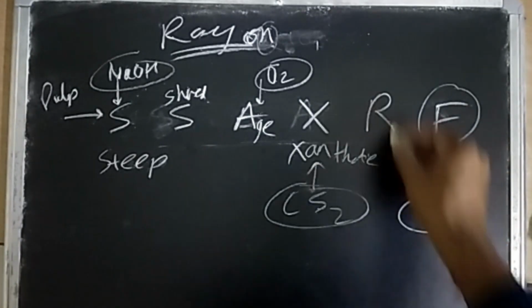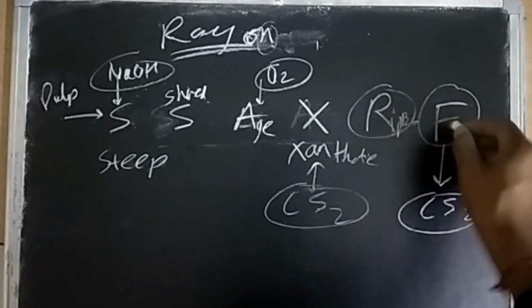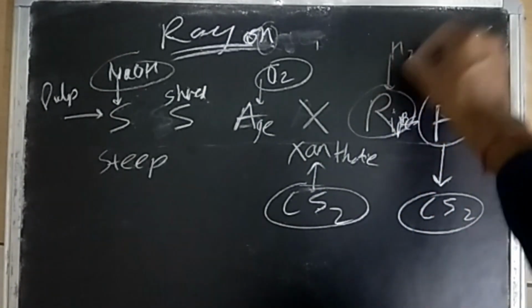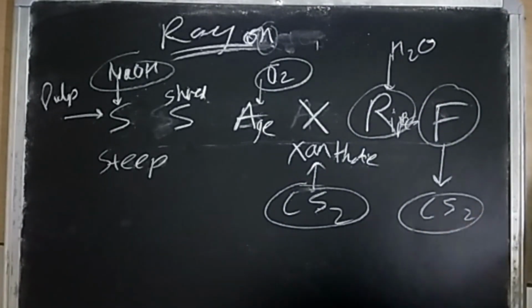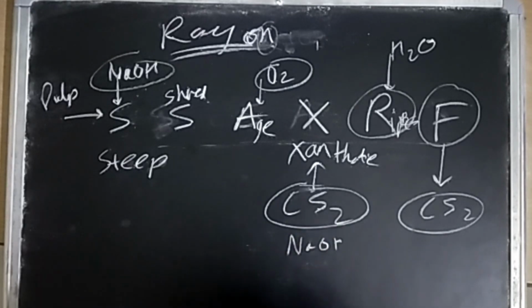Also this is ripening. This is filter, xanthation, this is ripening. To ripen it, we add some water, and here we also add NaOH again. So this is the whole process, and after that we do spinning and we get the viscose rayon.